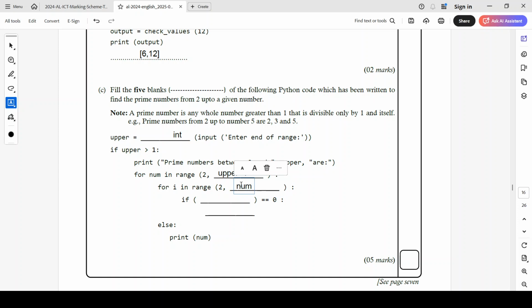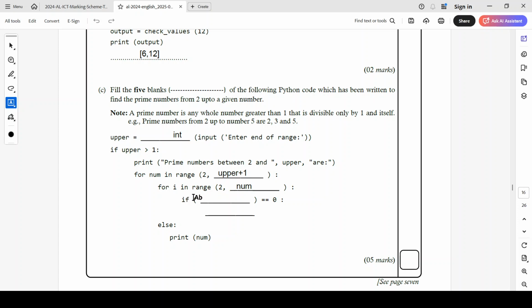We want to write the same as the variable name. It is case sensitive, since it is in small letters, that's why I used small letters also. If it is in capital letters it is wrong. Then this is the section.